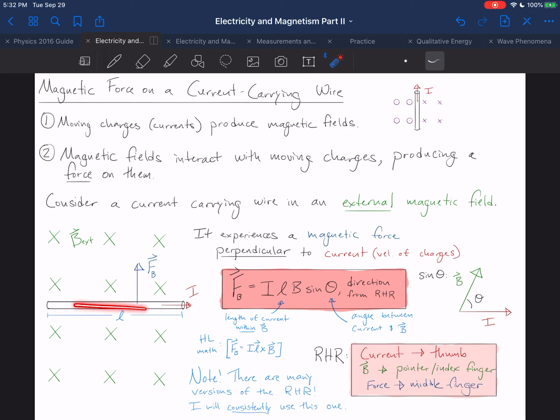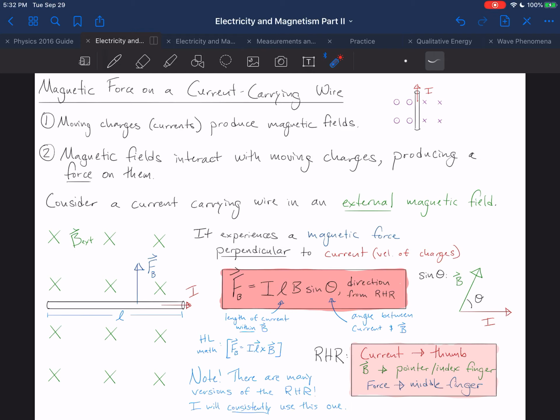When the current is to the right and the external field is inwards, it experiences a force up the page here. Notice that that is perpendicular to the current, and it's harder to draw, and it's perpendicular to the magnetic field itself. The magnetic field is into the board here, and that force is up. And so that's a 90-degree angle as well.